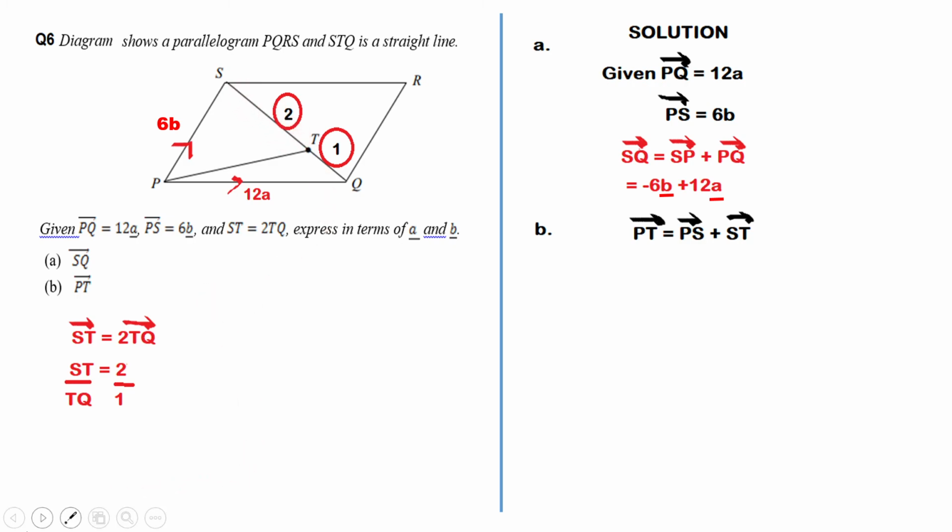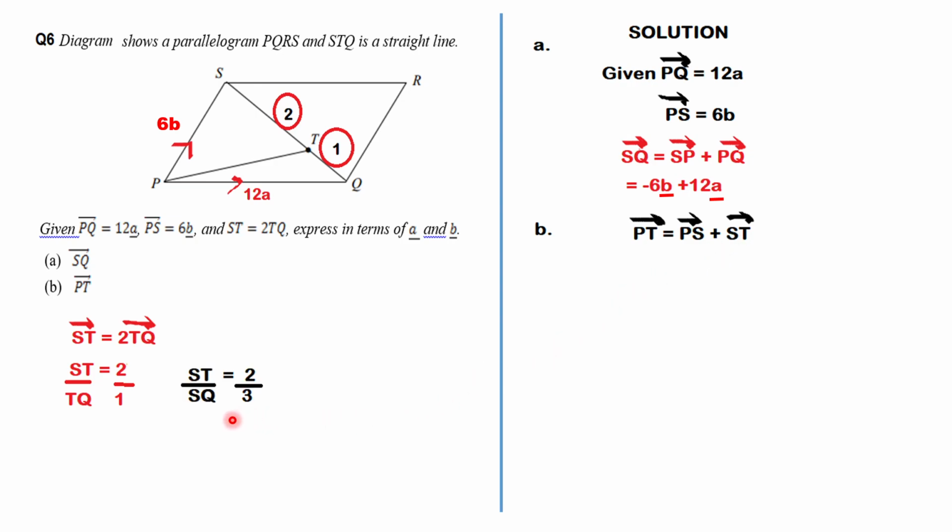Since we have the ratio, try to relate the vector that you are going to find and the vector that you have. Here the vector that I am going to find is ST. What I have is SQ. So I am going to relate ST and SQ with the ratio.